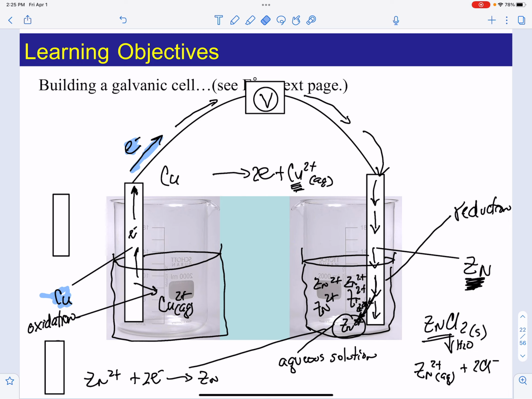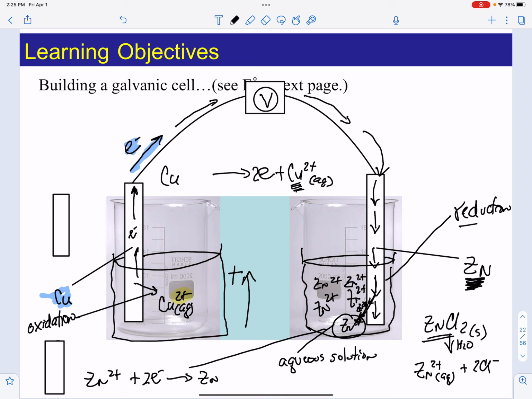However, the solution, which was neutral, is now becoming more positive. So the positive character on this beaker is increasing.